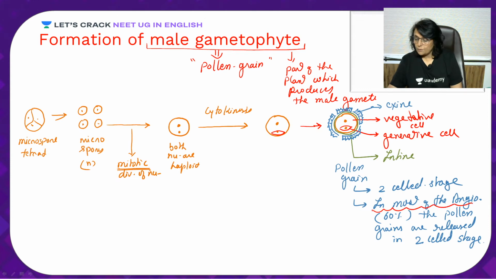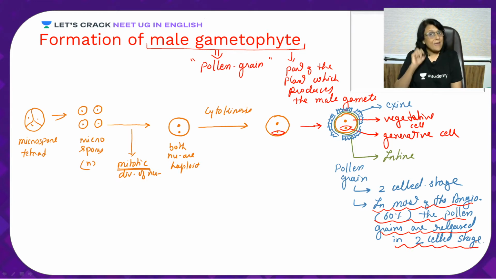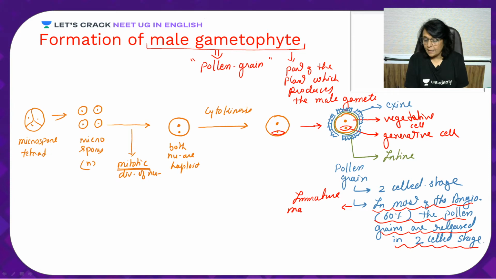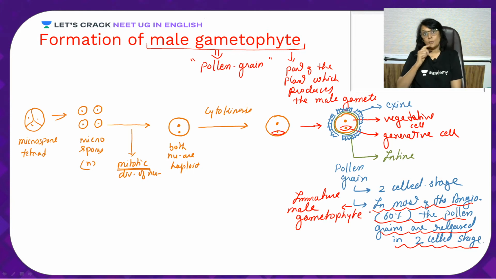In most of the angiosperms, pollen grains are released in two-cell stage. The male gamete is still not formed. So this two-celled pollen grain is called the immature male gametophyte. Why immature? Because the male gamete is still not formed.